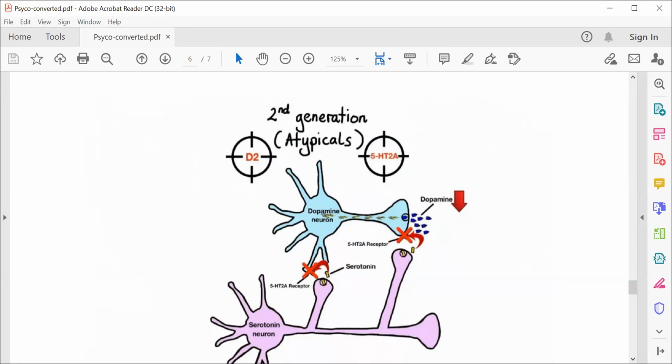Okay, to have fewer side effects. The most significant side effect here is the EPS, so the second generation is less in EPS. Wonderful. What else? And after the EPS, less prolactin increase.